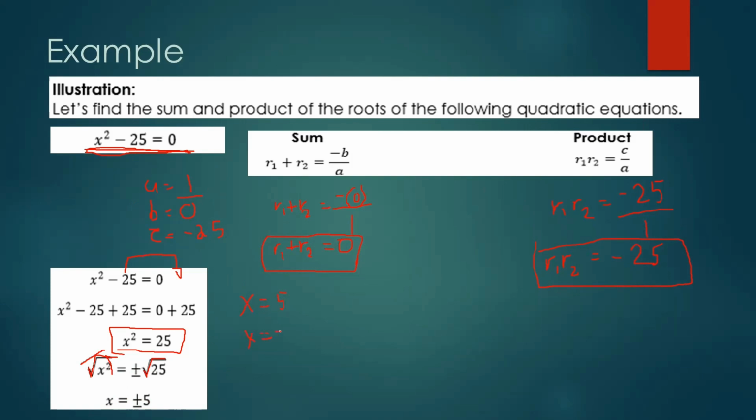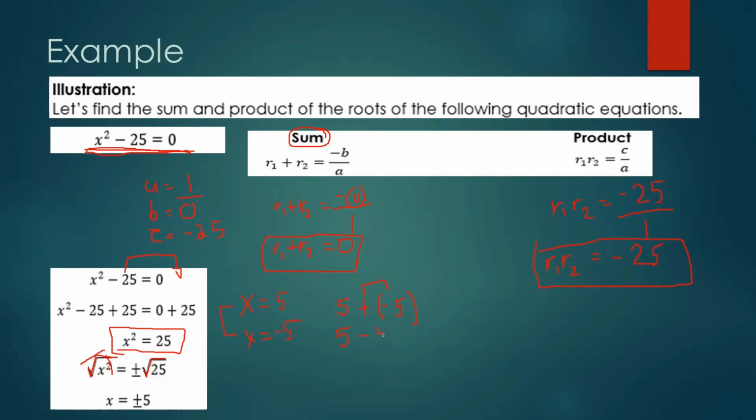So, how do we check? So, here are our roots. What we are going to do is to get the sum. When we say sum, we add them. So, 5 plus negative 5. When we add them, since there are adjacent signs, we need to simplify it first. So, copy first the 5. Then, positive times negative 5 becomes negative 5.